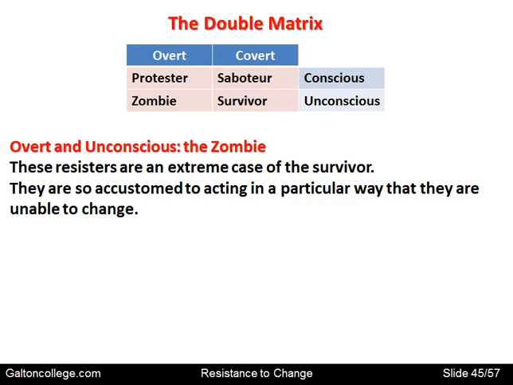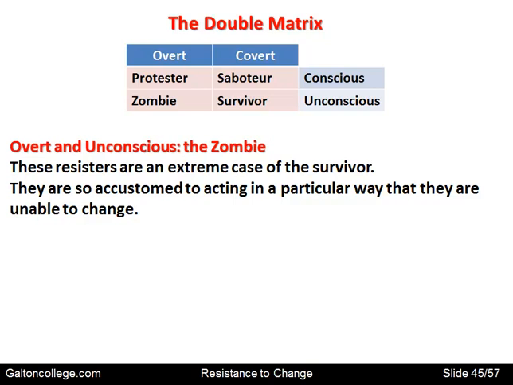So they make it obvious that they oppose the change, but they're unconscious. They can't think about it because they're so accustomed to doing something the way it is. They've worked for the company for so long. It's always been done this way. Why change it?